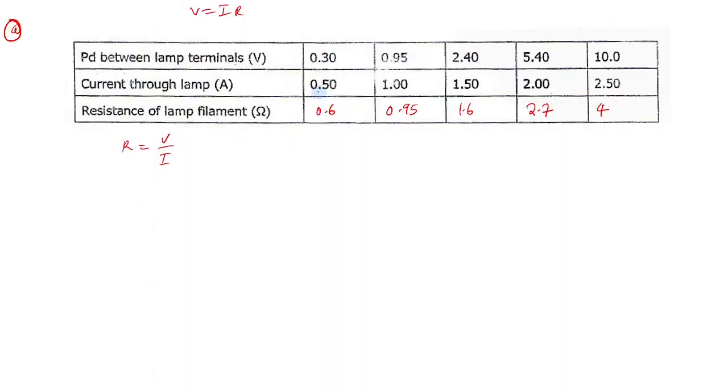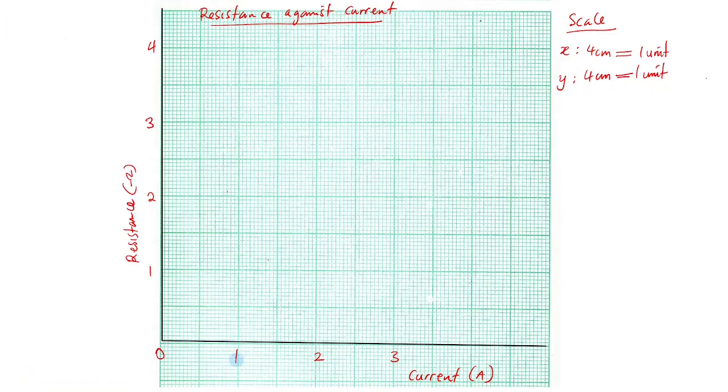So I'll start plotting 0.5, 0.6. Here, my 2 lines is 0.1. So 0.1, 0.2, 0.3, 0.4, 0.5, 0.6 here.